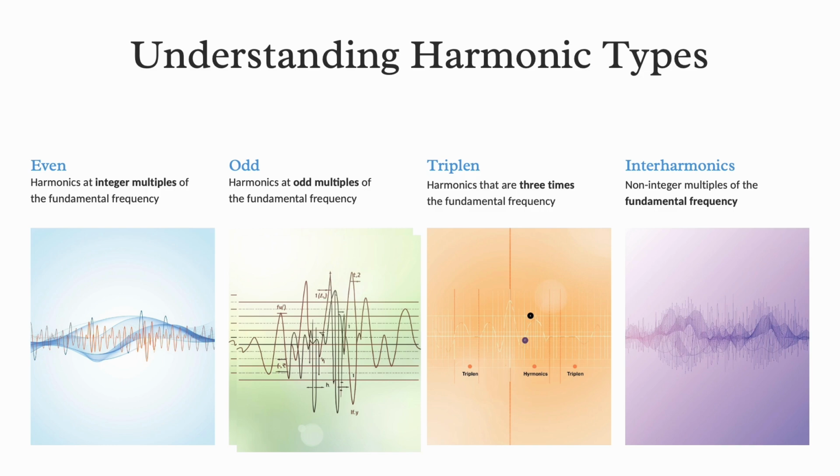Interharmonics can cause light flicker, noise in communication lines, and even vibration in motors. In short, odd harmonics are most common, even harmonics indicate issues, triplen harmonics overload the neutral, and interharmonics create instability and noise.